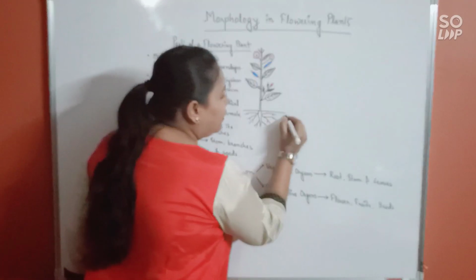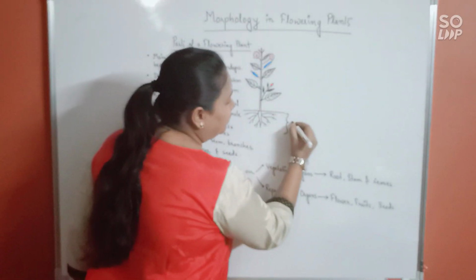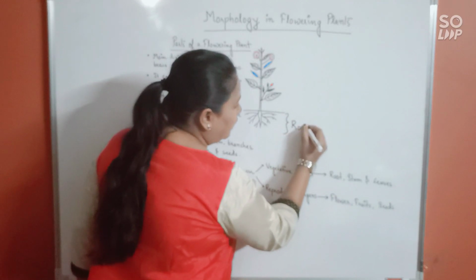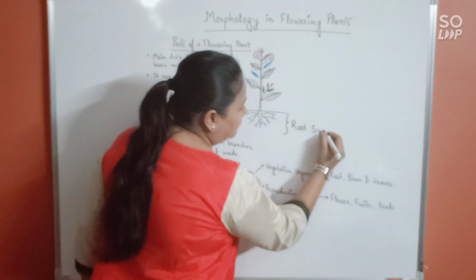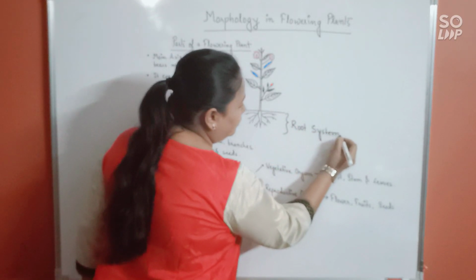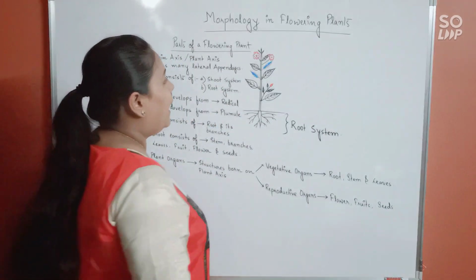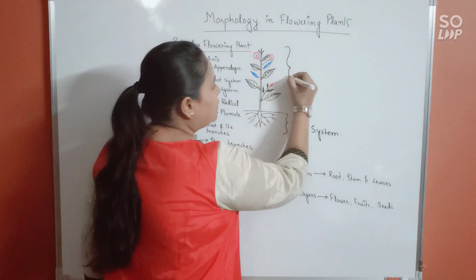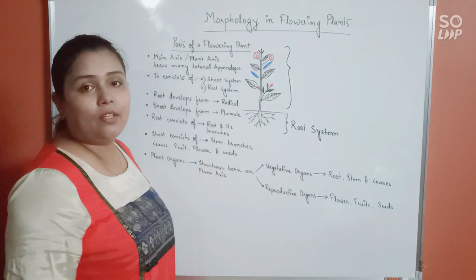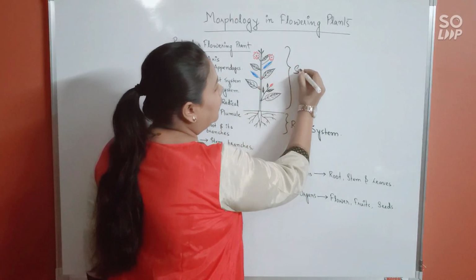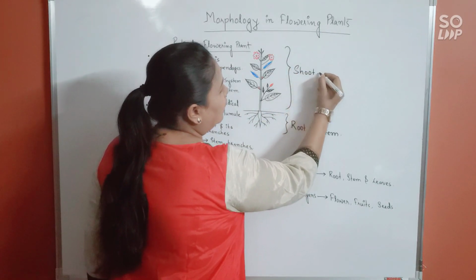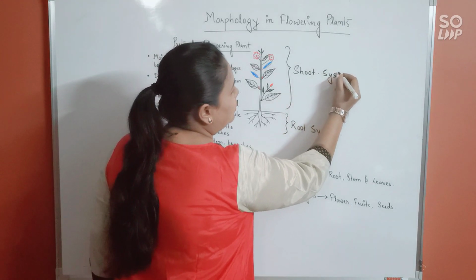The part that remains inside the soil is called the root system, alright, and the part that remains outside the soil is called the shoot system.